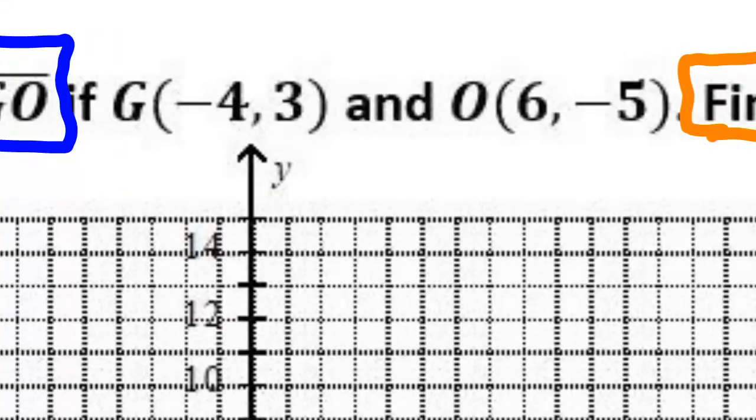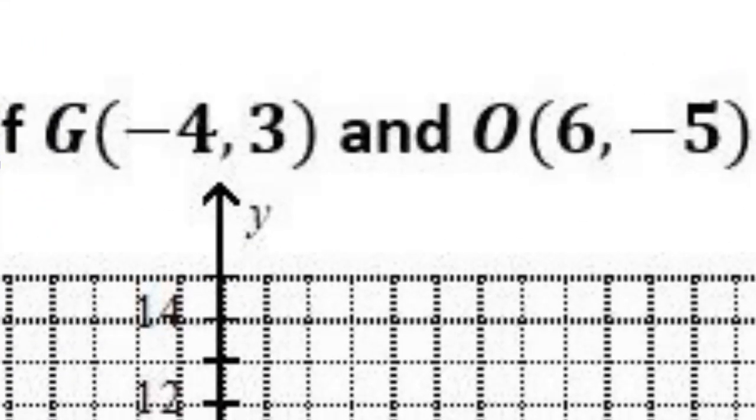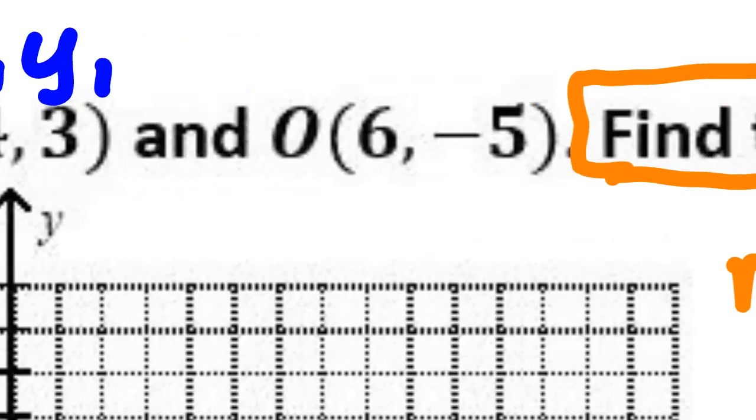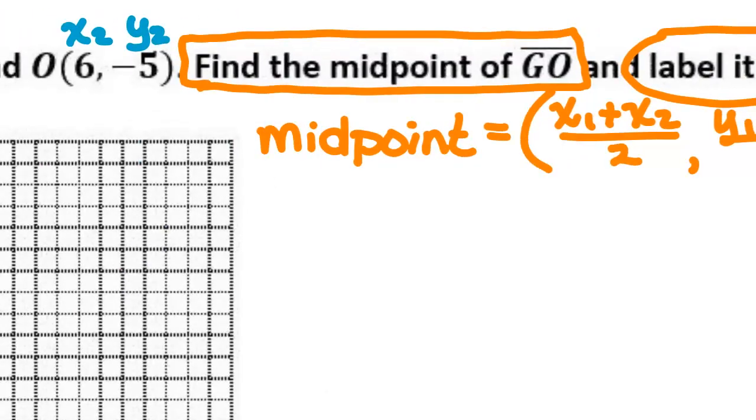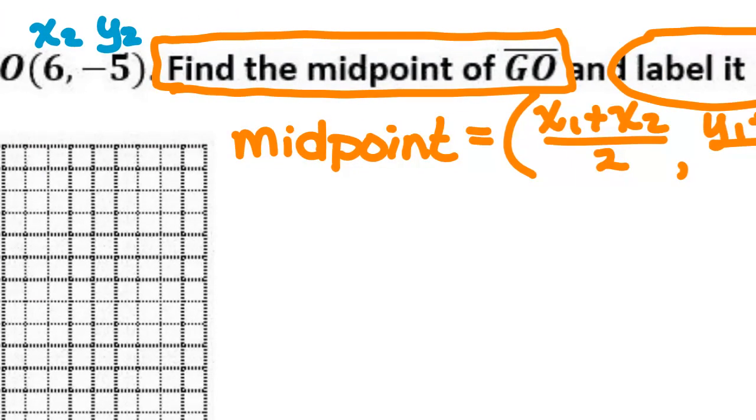So over with my points G and O, I need one of these to be my x1, y1, one to be my x2, y2. So let's let point G be the x1, y1, and let's let O be x2, y2. What are we supposed to call the midpoint here? H.